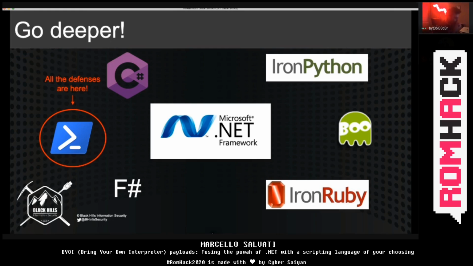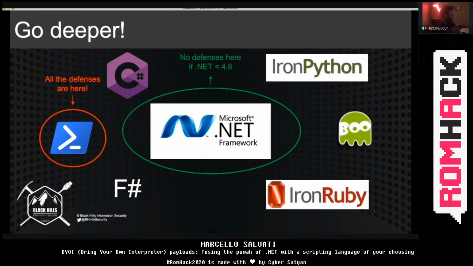And again, one of the consequences of being all based on the same .NET framework is that you can embed them within one another. And that's exactly what I'm going to be doing. All of the defenses originally were in the PowerShell runtime. They were introduced into the .NET framework, but I can just jump to another .NET language in order to bypass some, if not all, of those defenses.